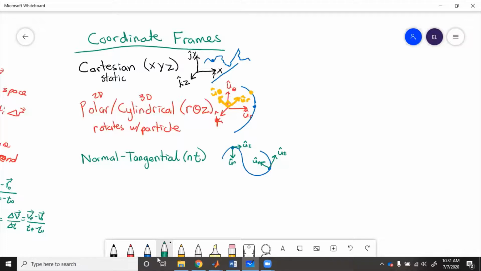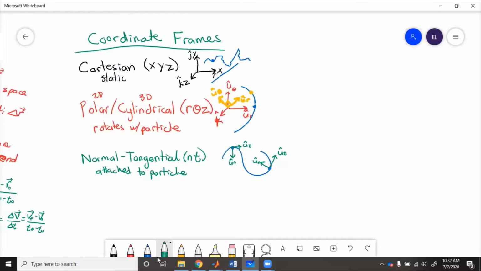Also, because it is attached to the particle, the position of the particle is always at the origin of the system. So its r vector is always 0. So normal tangential can be really difficult to actually extract information about your system from. So this is a last resort. In most situations, Cartesian, polar, that's what you want to stick with.